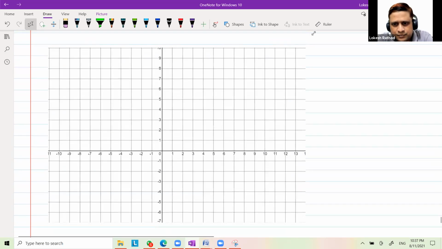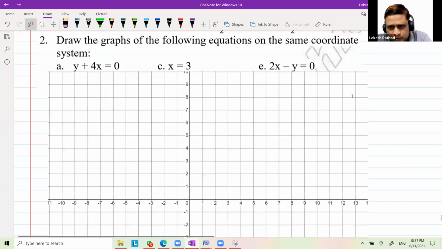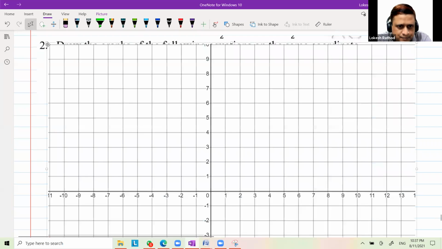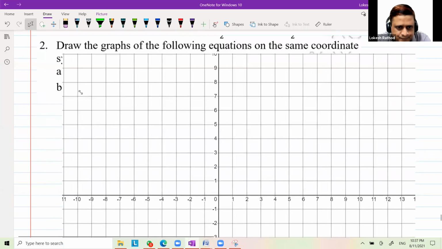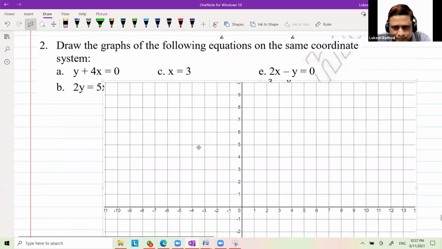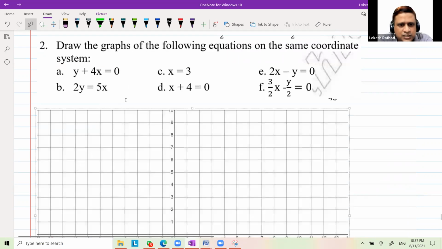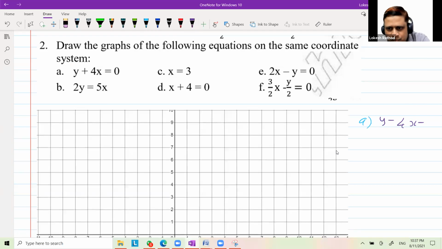So here I have first is y plus 4x equal to 0. Okay, so that's first line. To plot any line, I need only 2 points.